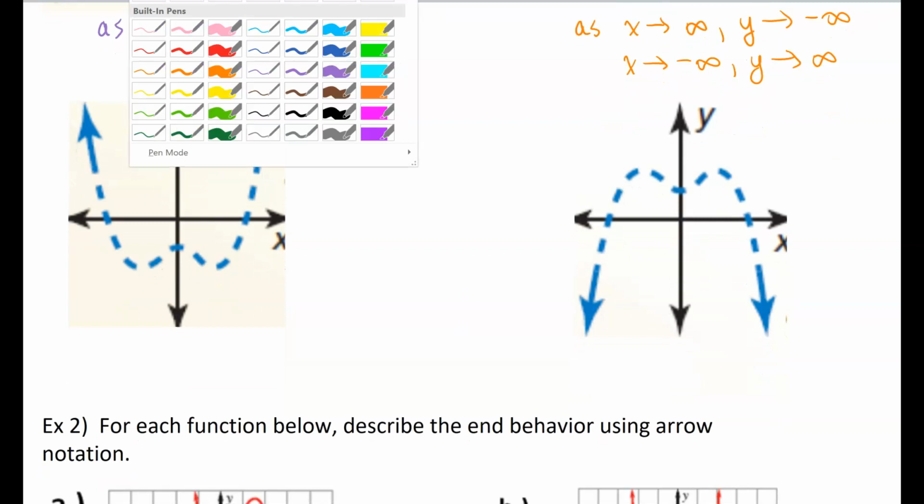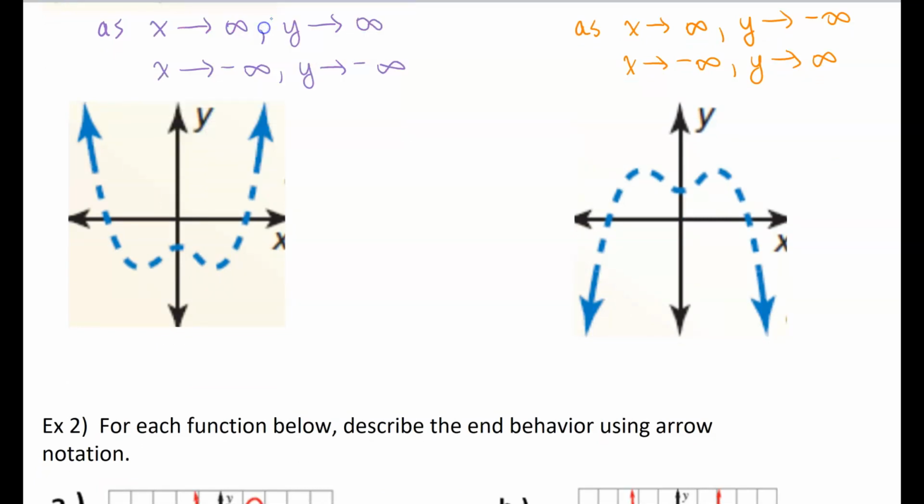Okay, let's look at the next one here. Is this one even or odd? Even. And again, how do we know? Even because the end behavior arrows are going the same direction. Well, aren't they going in separate directions?